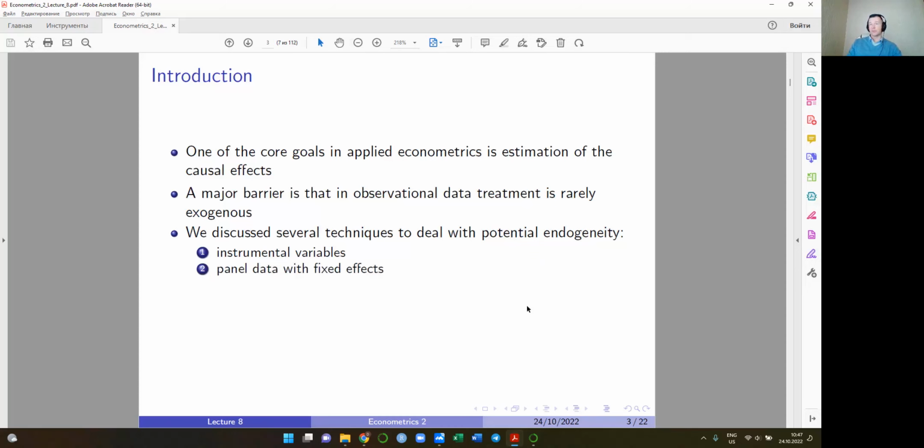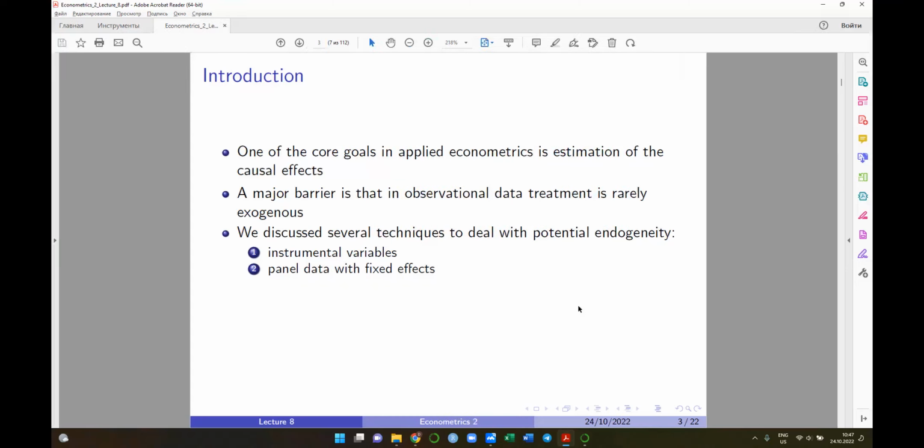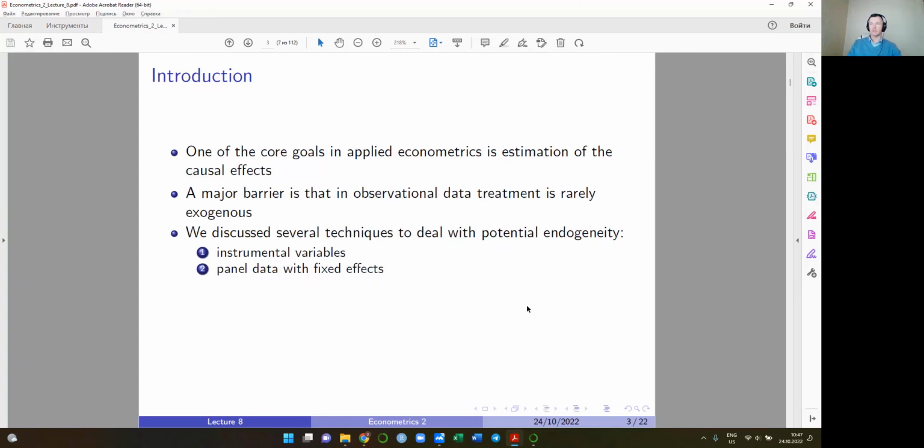Another one was using the panel data when you have some repetitive observations through time. You can include entity fixed effects, time fixed effects, and you can potentially control for the variables that are not changing over time and that are not changing across the entities.